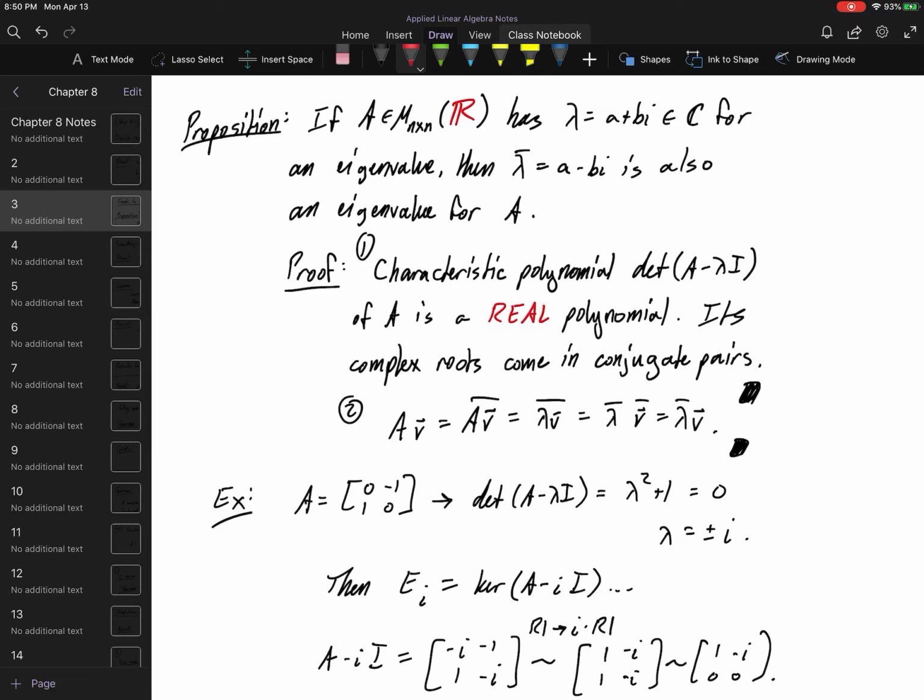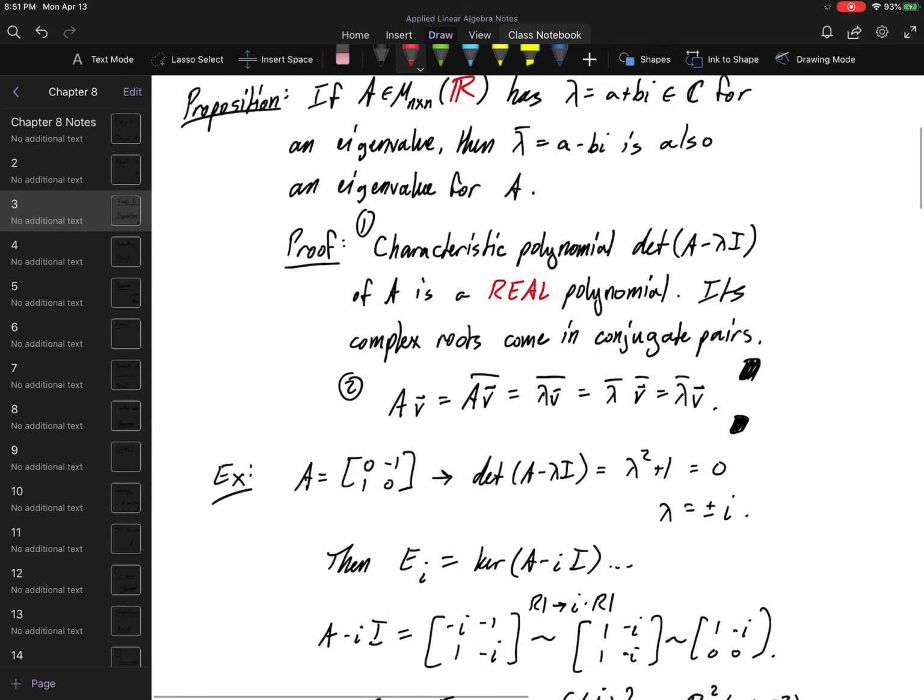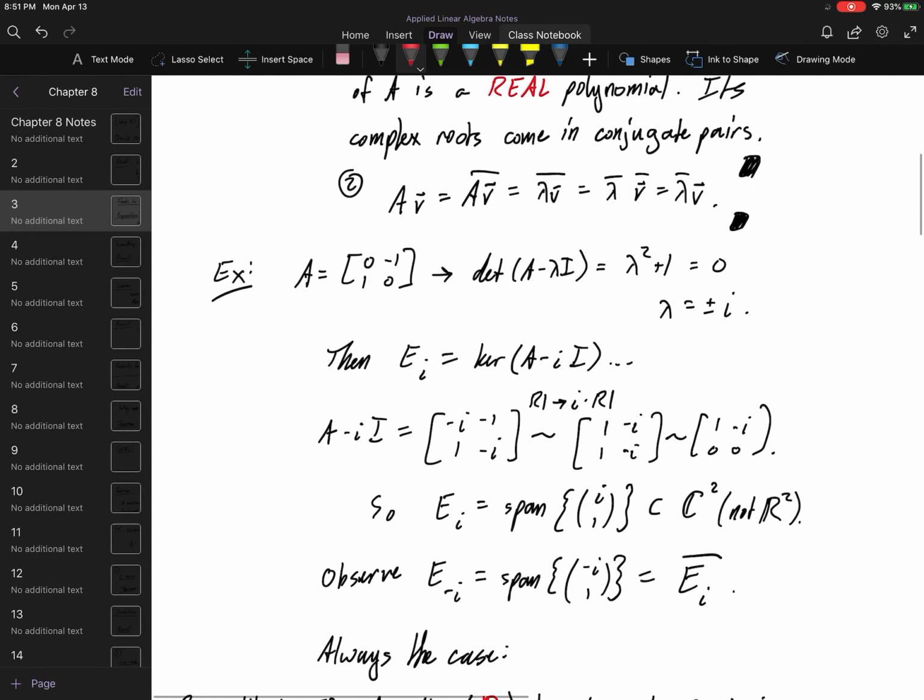So if you have a complex eigenvalue, then you must also have its conjugate as an eigenvalue. Right, and I even have that down here as an example, this lambda squared plus 1 for the characteristic polynomial. Therefore, you have eigenvalues plus or minus i for this matrix, which actually corresponds to a rotation. And let's see.